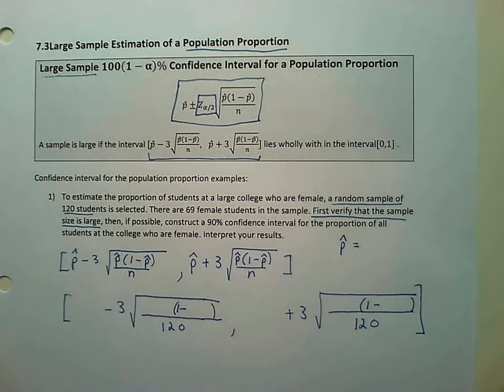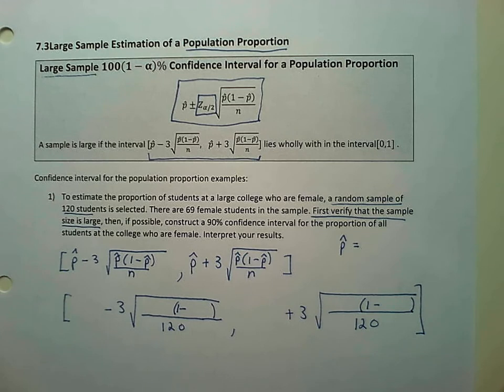And p hat was our sample proportion. I think we also even looked at p hat in chapter 5, if I'm remembering right off the top of my head. But we definitely looked at it in chapter 6. But p hat stands for our sample proportion. So we're looking at the proportion of our sample.